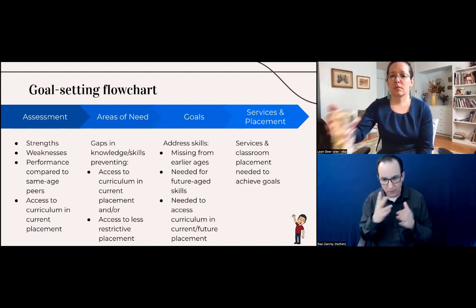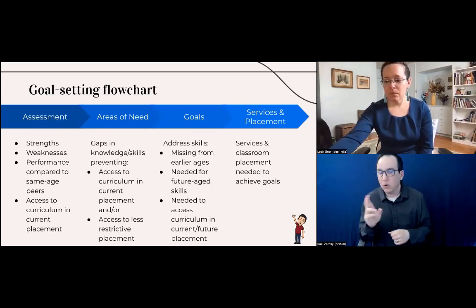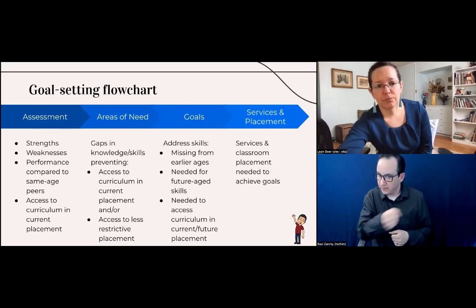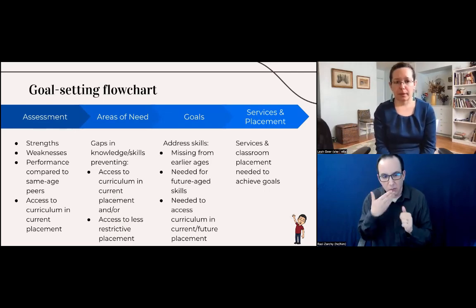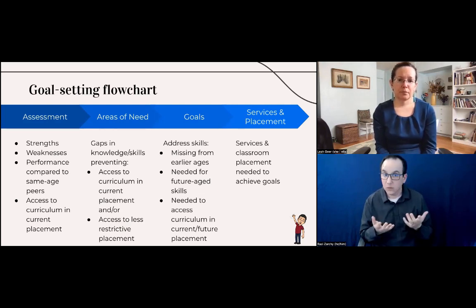Because it's important that we are able to compare both at the peer age level and in the current placement, or where we're actually considering to place them, and how well they are able to access the environment and access the content.